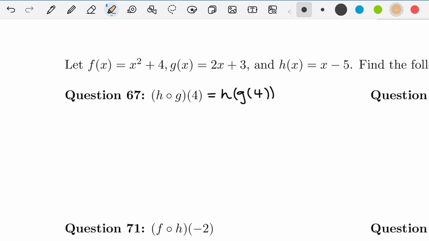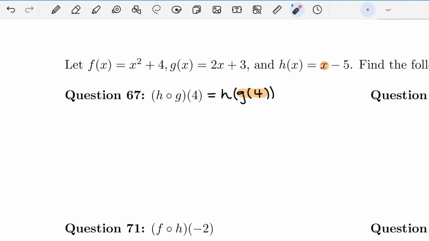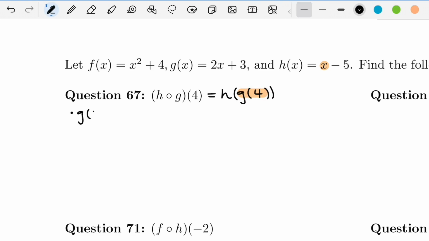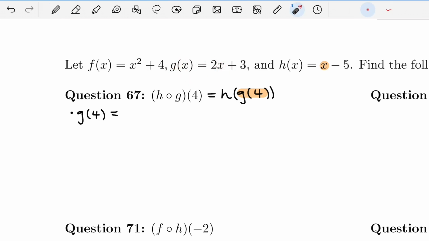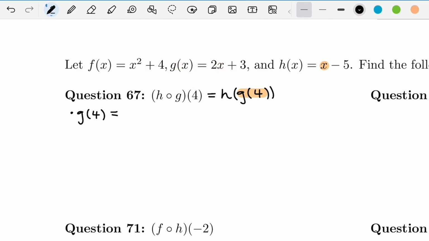What this means is we're going to plug our x value into this polynomial function h of x. So in order to do that, the first thing we're going to do is figure out what this value is. So g of 4 is going to be this polynomial function g of x evaluated at x is equal to 4. So we're going to get 2 times 4 plus 3.